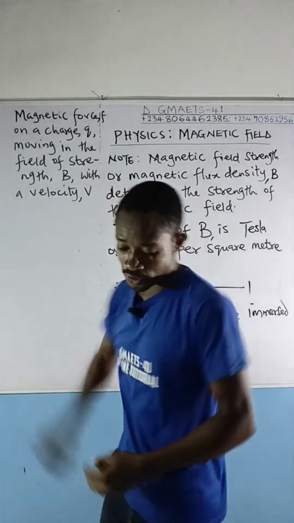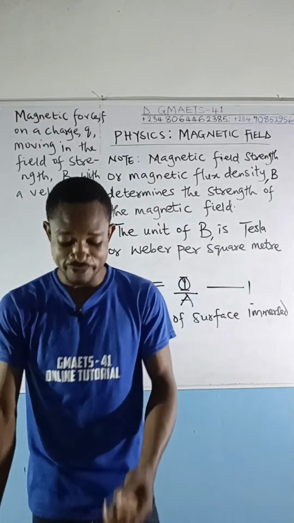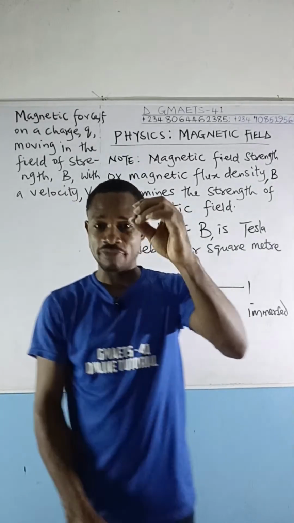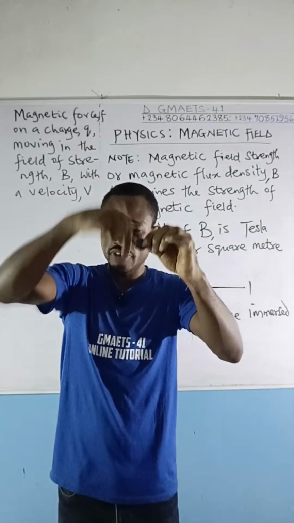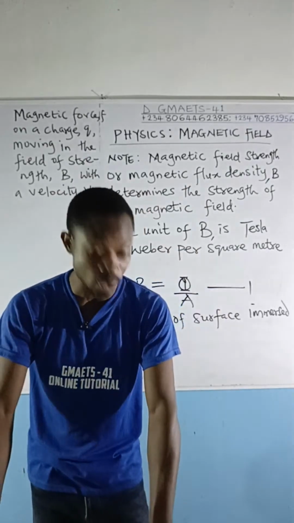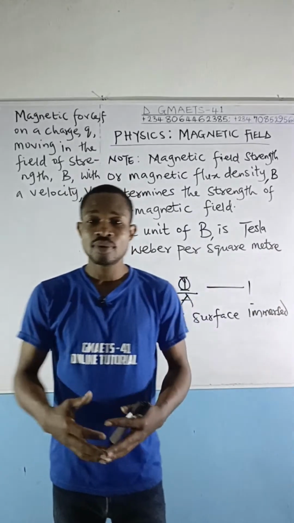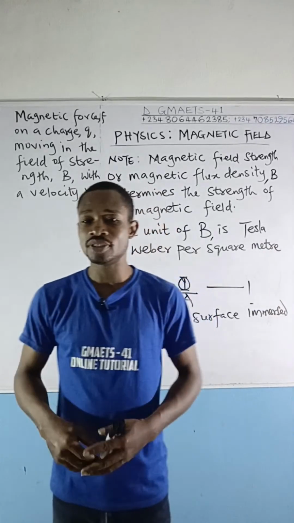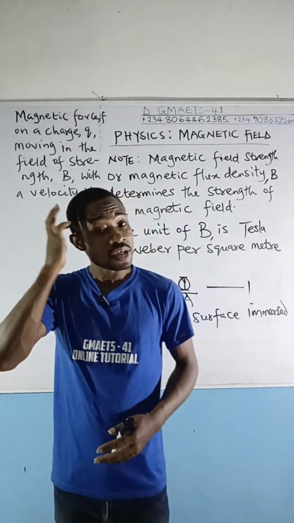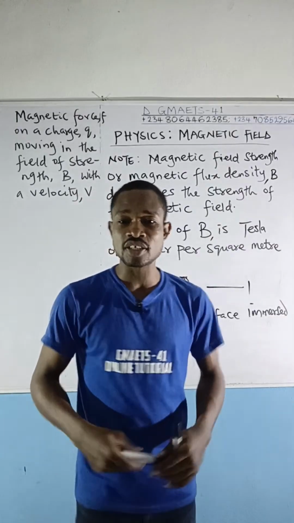Charge, we use Q for it. So it's as if you have this magnet creating a magnetic field, and then there is a charge moving in it. The charge, as it's moving, has velocity. The field has its strength, and that charge must feel the strength of the field. So what is the formula for calculating the magnetic force?